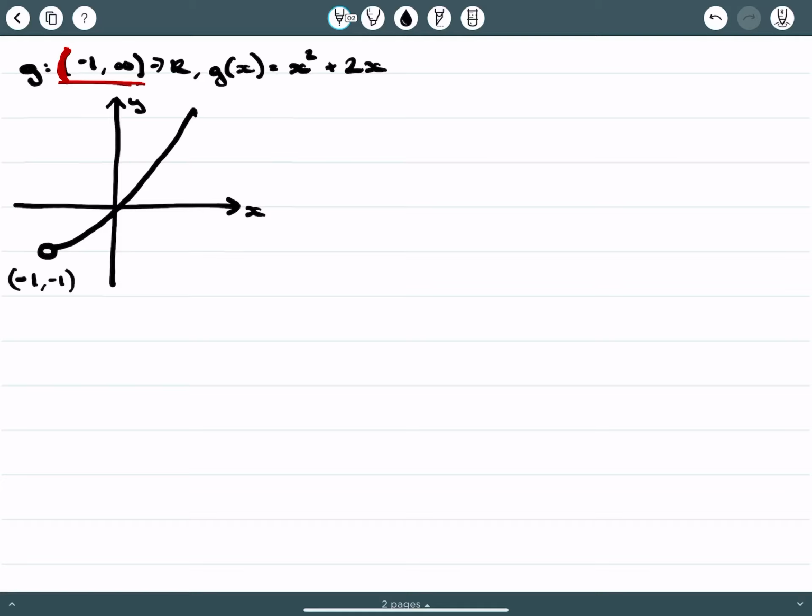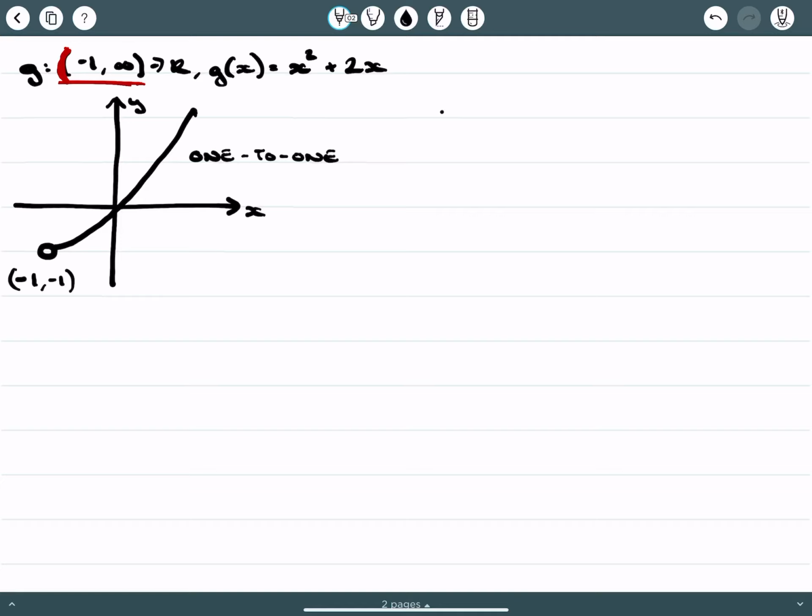This is going to be really important to find our inverse function. We can notice that this function is a one-to-one function, which is important when we sketch our inverse.